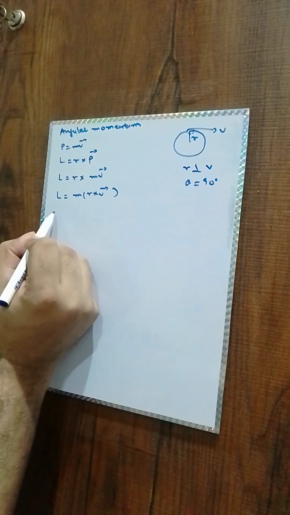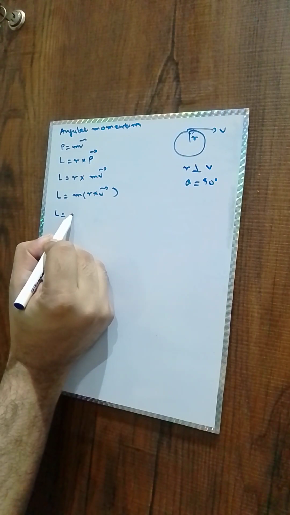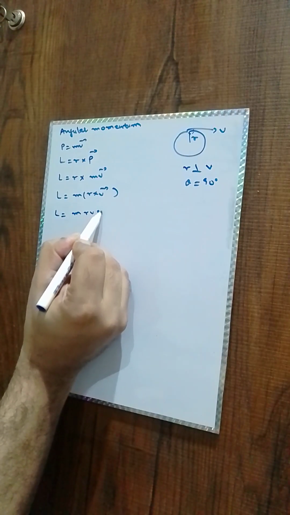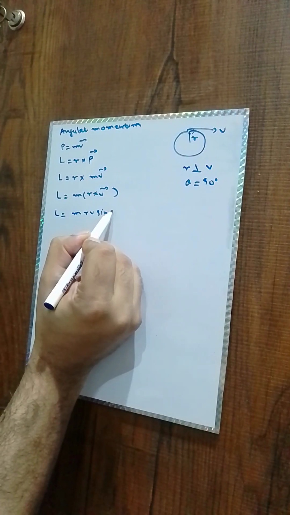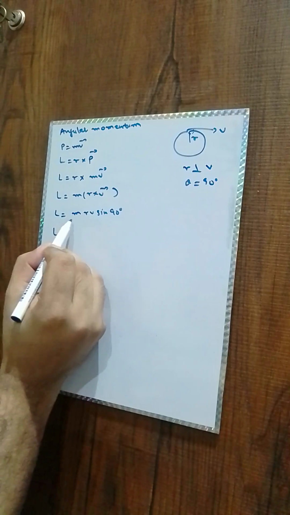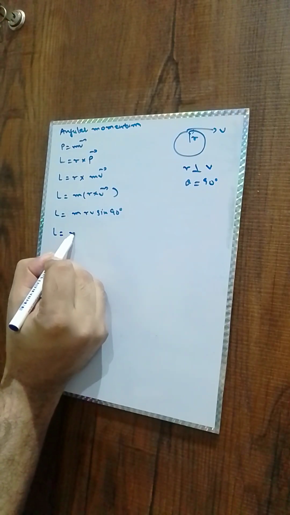So we open it up in terms of the vector product m r v sine 90 degrees, which will give us L is equal to m r v, and sine 90 is 1.